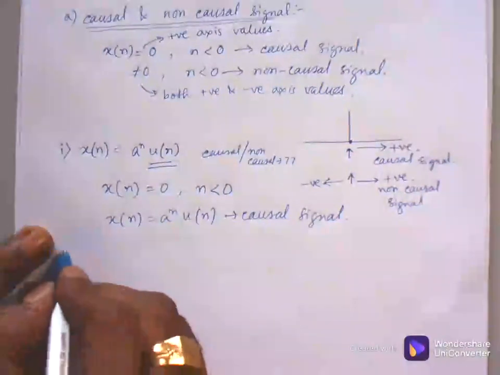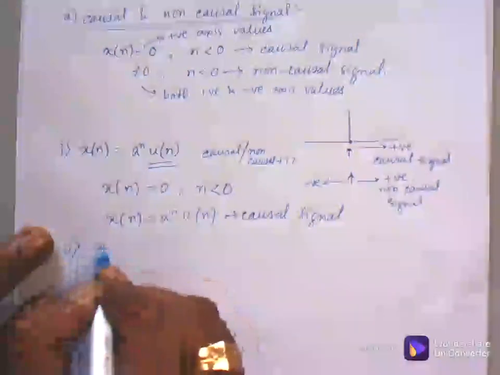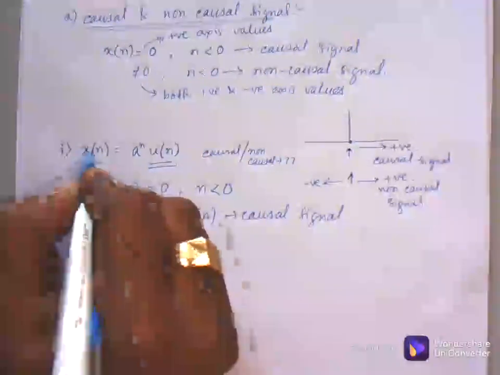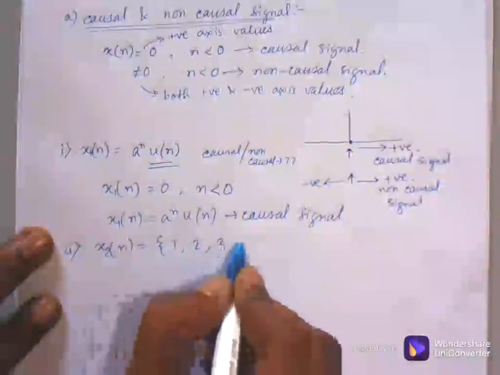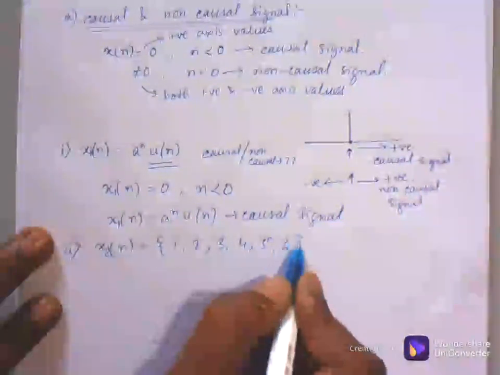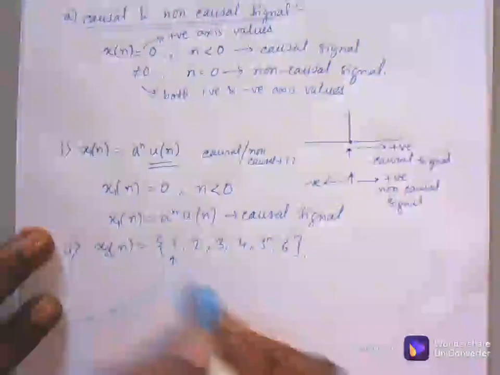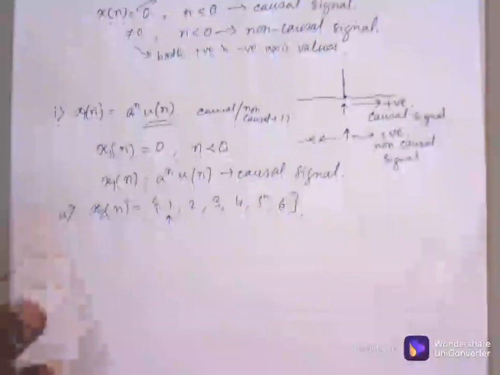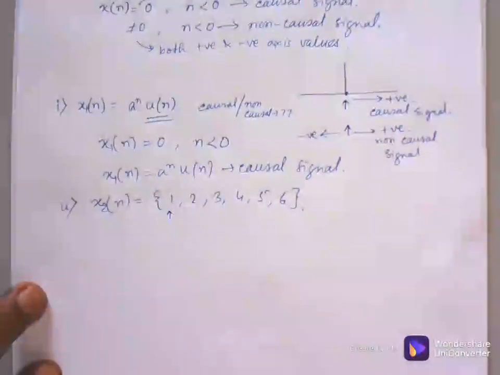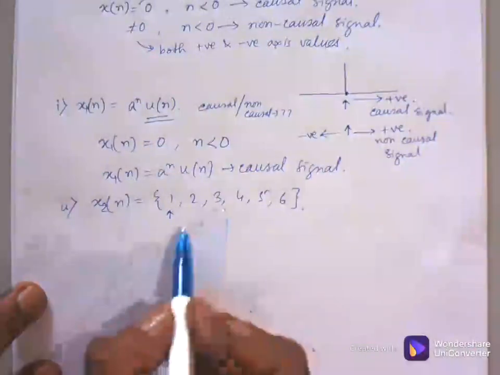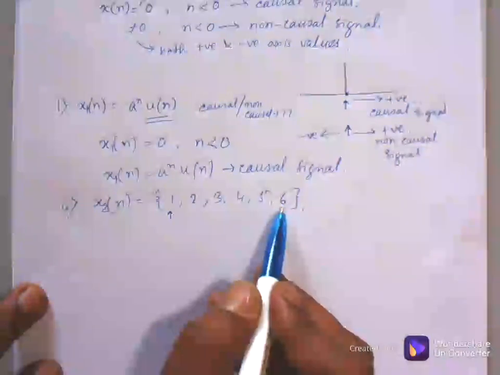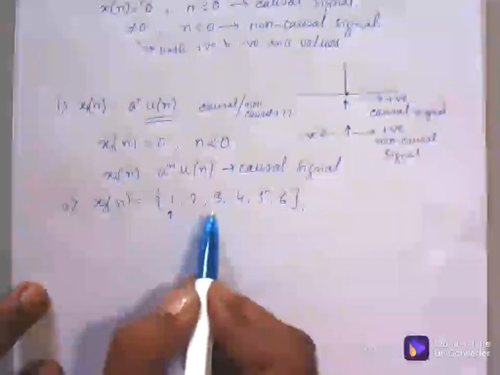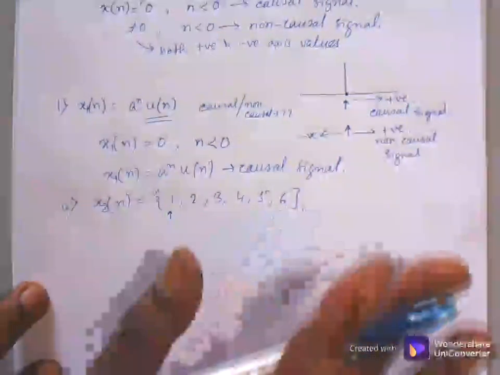Similarly, let us say x2[n] equals 1 2 3 4 5 6, and I am giving the arrow at the 1. From this representation you can see it has values only on the positive axis, that is 0 1 2 3 4 5.